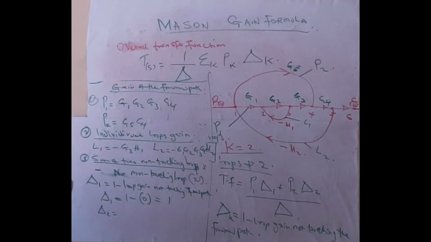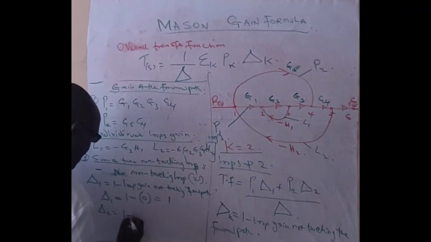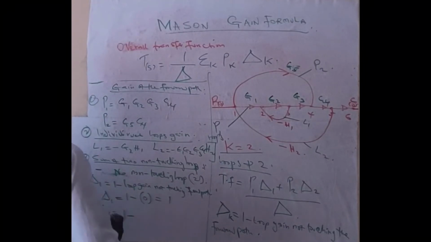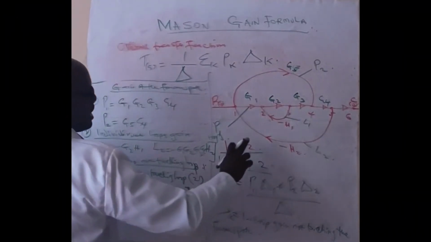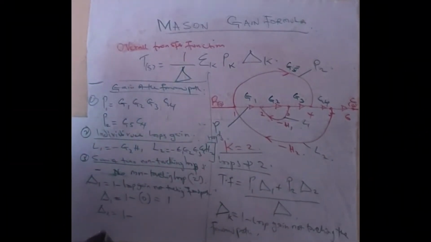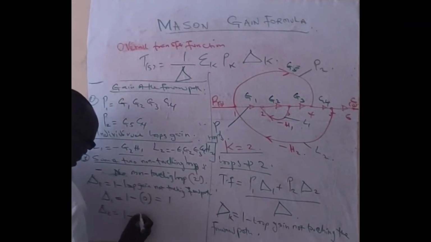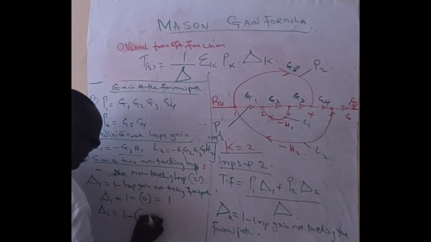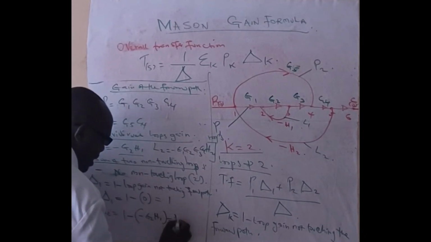So we are going to say 1 minus the loop gain not touching the second forward path, which is L1, negative G2 H1. So the answer is going to be 1 plus G2 H1.